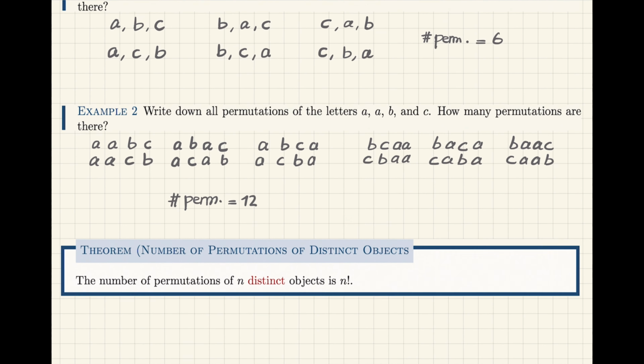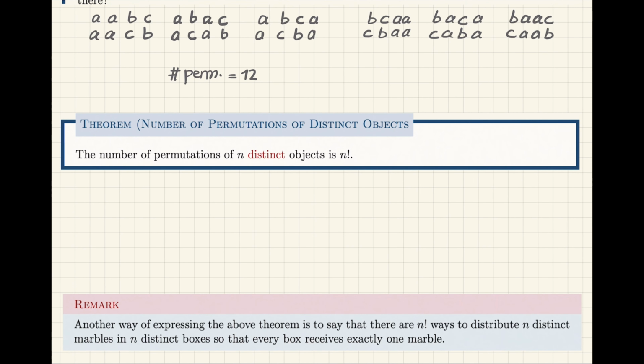So in general, this is the simple proof for that. I don't want to spend time on it because it's exactly the same thing. If I want to write a permutation of n distinct objects, I am actually facing an n-stage task, and then it means that I have n distinct positions.